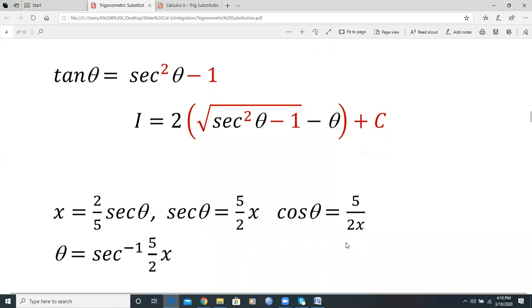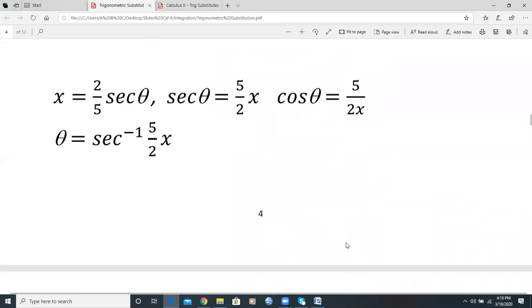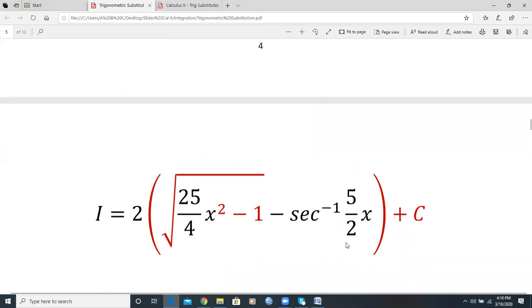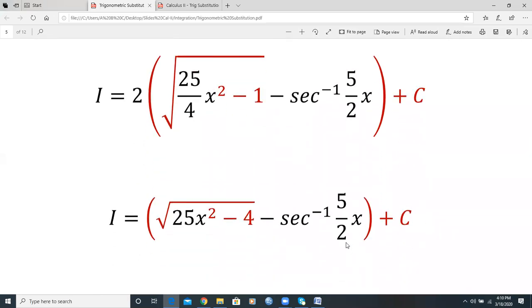So finally we replace sec theta by 5 over 2x and theta by this, and finally we obtain the integral. Okay, this is the final answer.